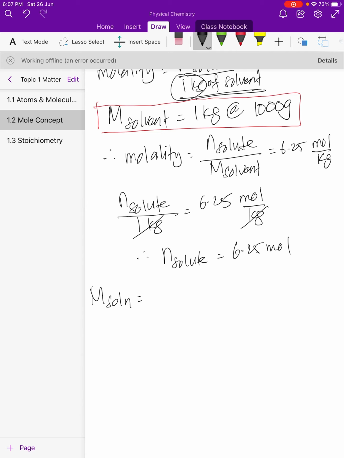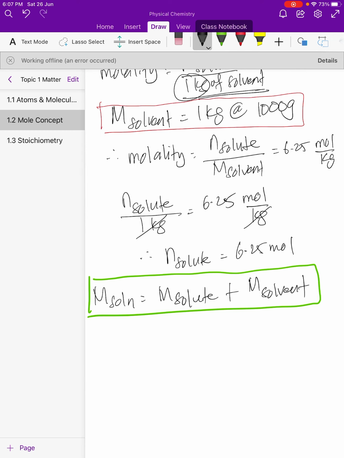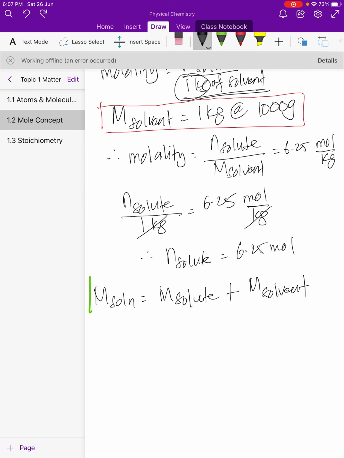Mass of solution equals mass of solute plus mass of solvent. So this is another formula.